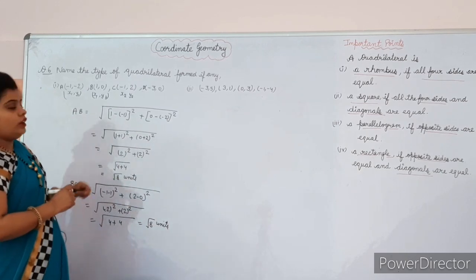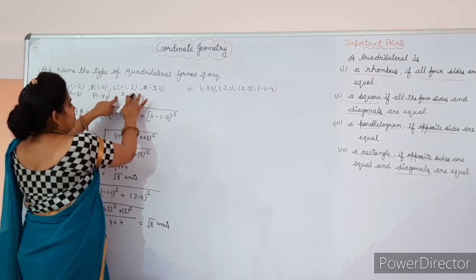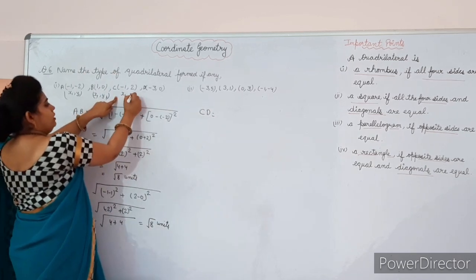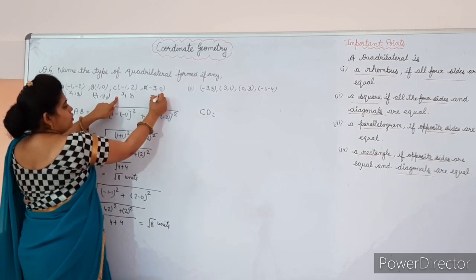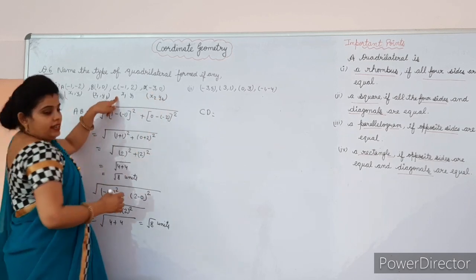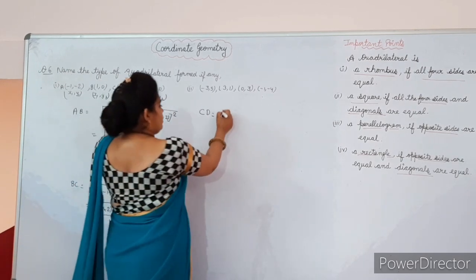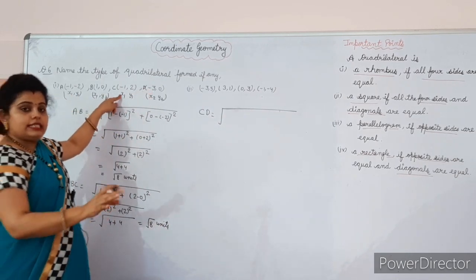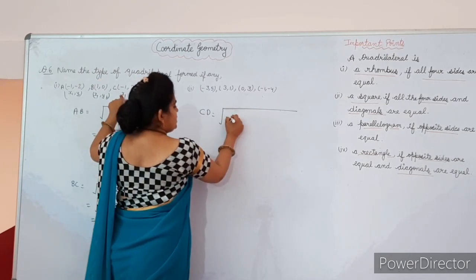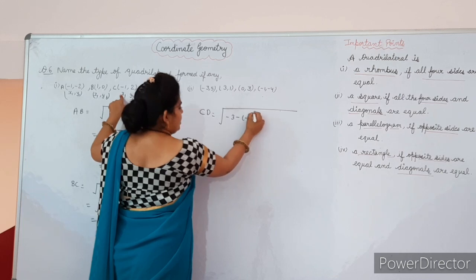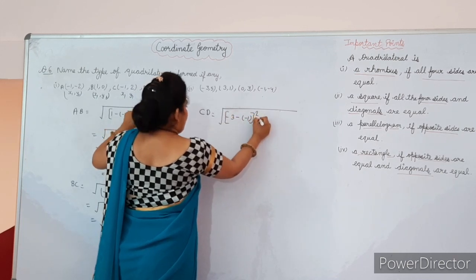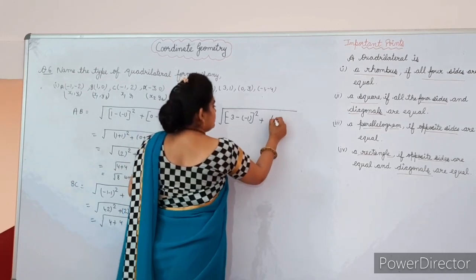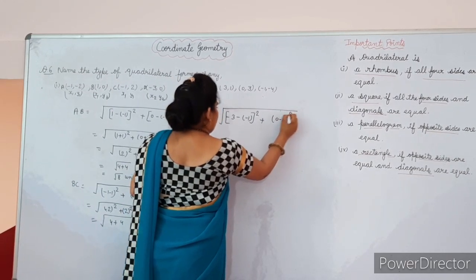After this we will find CD. For CD, let it be x1, y1 and x2, y2. Then CD will equal to x2 minus x1 means minus 3 minus minus 1, whole square, plus 0 minus 2 whole square.